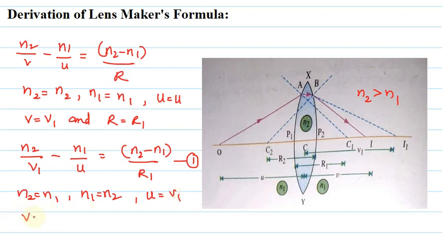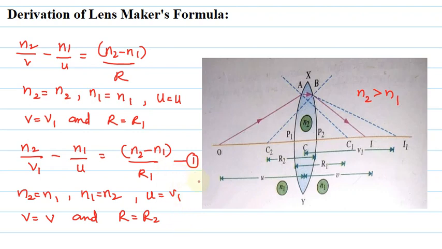Here the image distance V is, as the final image is formed at I, V. The radius of curvature R will be R2 because refraction is taking place at the second surface, its center is C2, and the radius of curvature is R2.